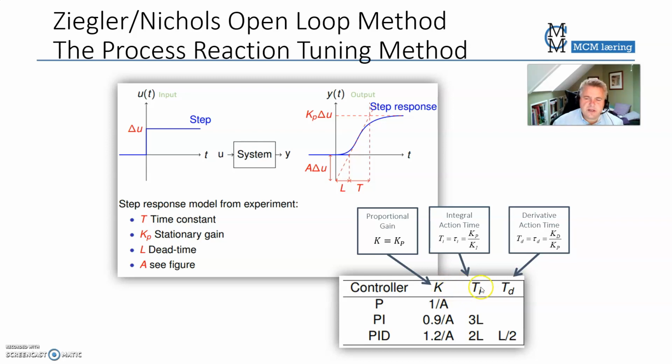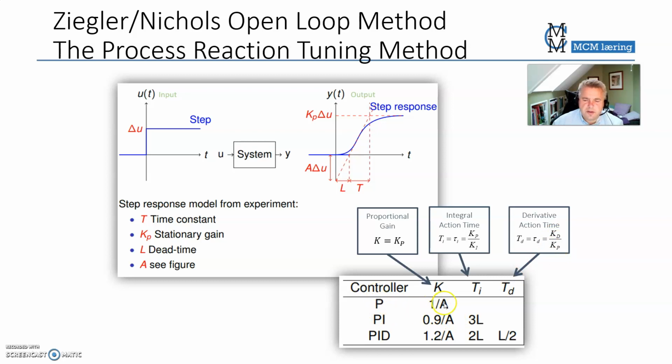They were actually engineers with dirt on their hands, so oil, grease on their hands. So they like to work in the time plane and analyzing how the systems responded to time. Anyways, the TI is the same as KP over KI, and TD is the same as KD over KP.